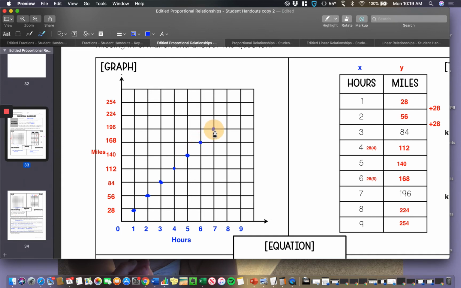And what you're going to start to see here is a pattern, and it looks like this is going to be a straight line. So if I start at my origin, and I have a straight line that passes through all of these points, I am going to find that I have a proportion.